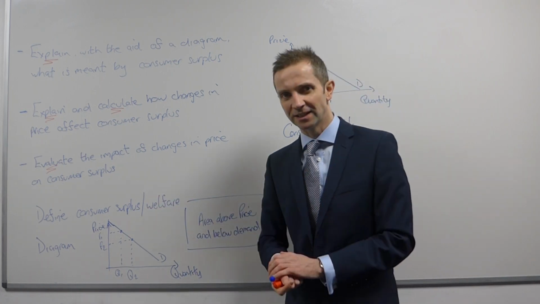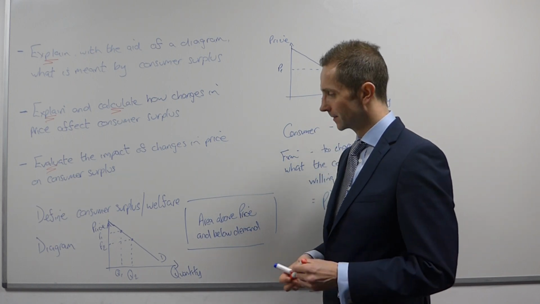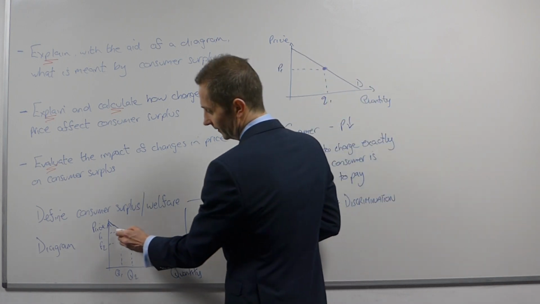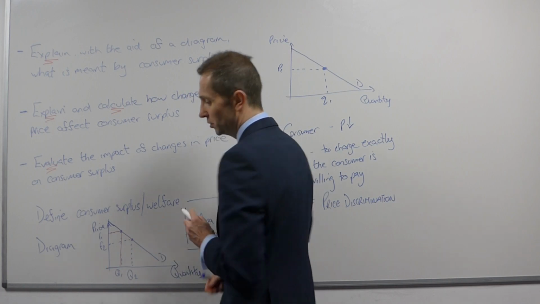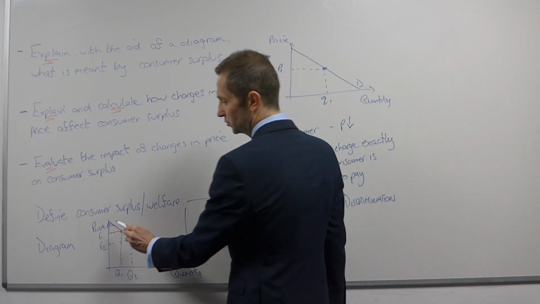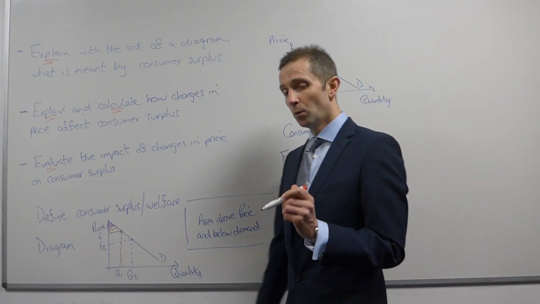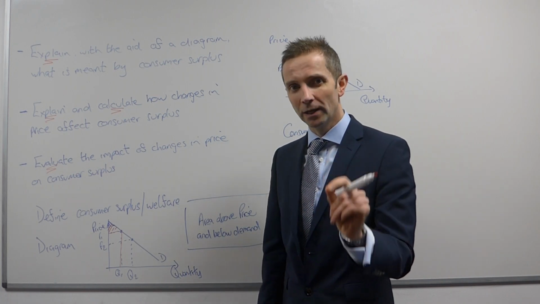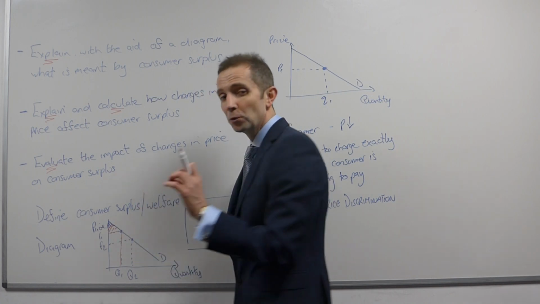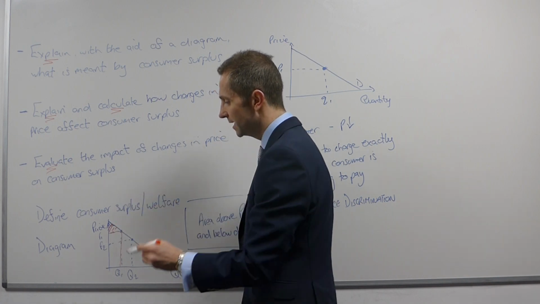So I've got two prices indicated, P1 and P2. If the price is P1 and you're consuming Q1 of that good, the revenue to the firm is obviously P1 times Q1, but that leaves this little triangle at the top here, which is the difference between your willingness to pay, as shown on the demand curve here, and what you're actually paying, P1.